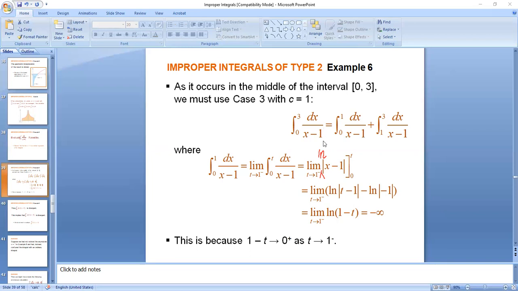Kyle Biko, do you know? Miss, I have no idea, miss. I am assuming, miss, that you distribute the minus. You distribute the minus? How can you distribute it?